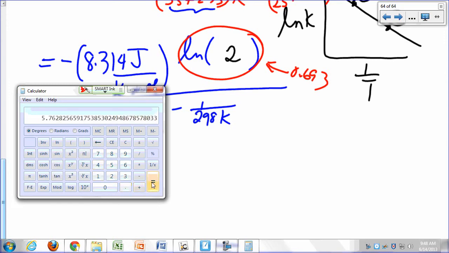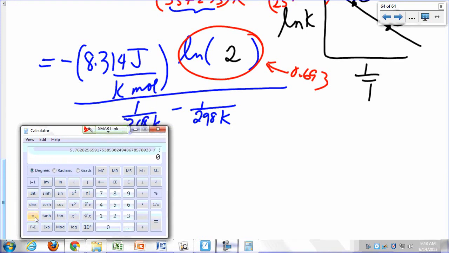That's my numerator right there. Divided by parenthesis 1 over 308 minus 1 over 298, close parenthesis.